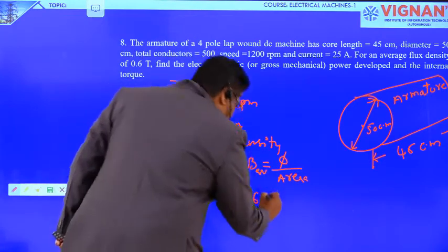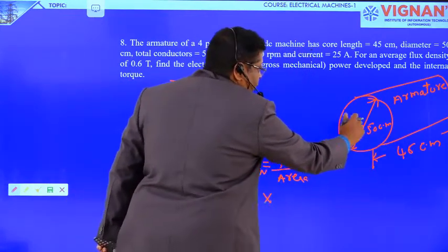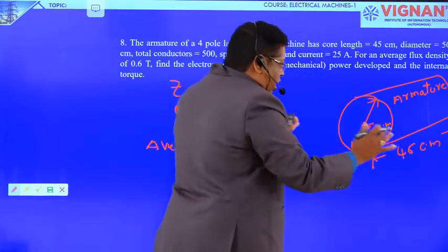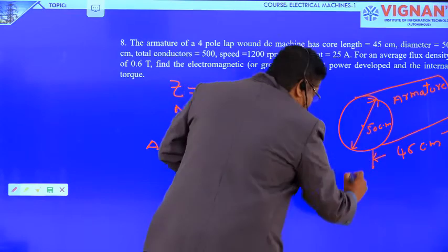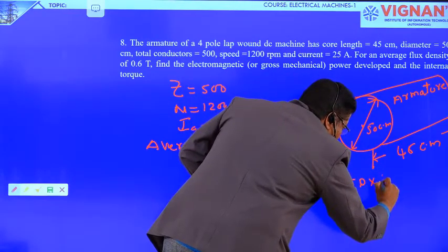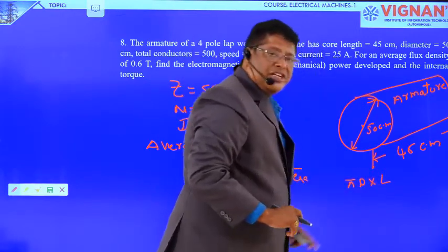When you are going to find out this area, if you cut and open this armature, this area becomes pi D into length. D is in centimeters, and the length is also in centimeters.